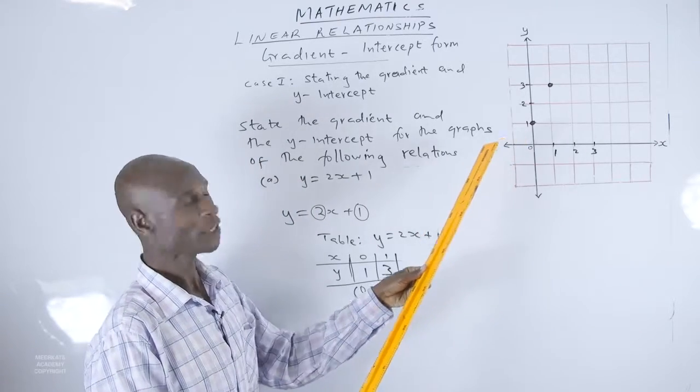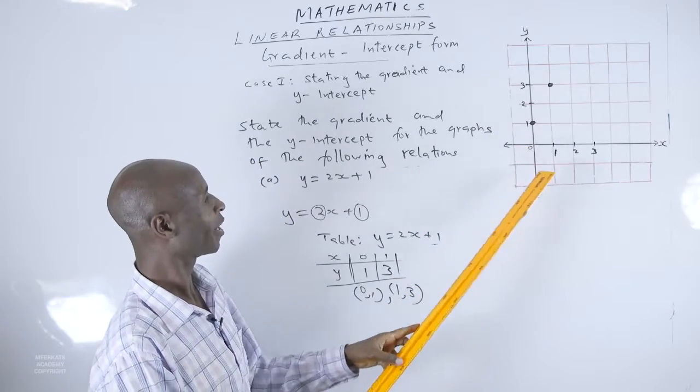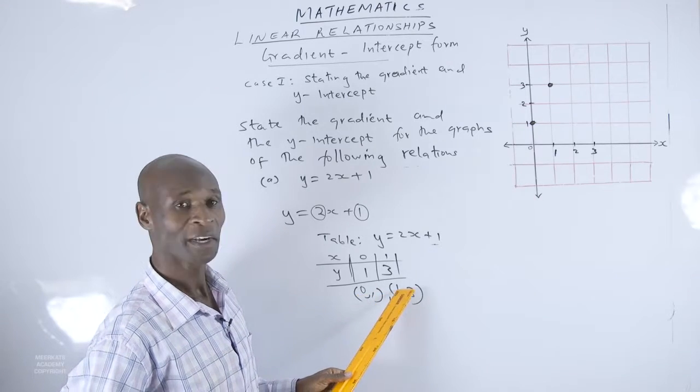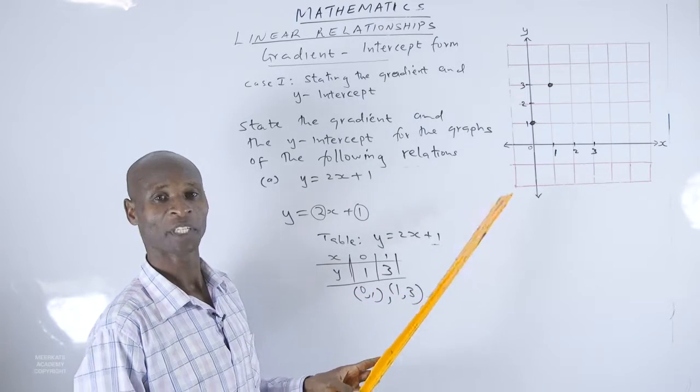If we join the 2 points, that is (0, 1) and (1, 3), we shall obtain a straight line graph.